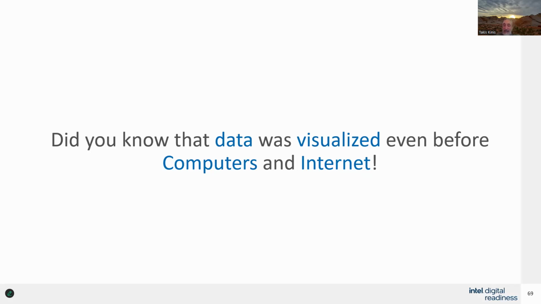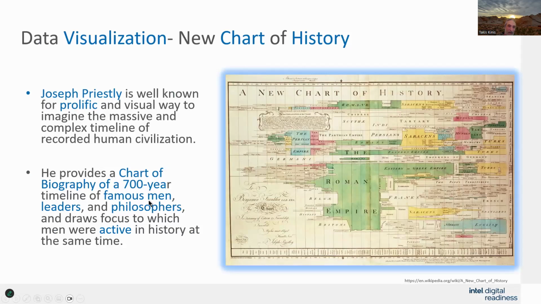All right. This is an interesting thought: data visualization did not come about when computers happened. People were doing it way before computers were around. Here's an example. Has anybody ever seen this chart, or been in a history class where you had to look at it?